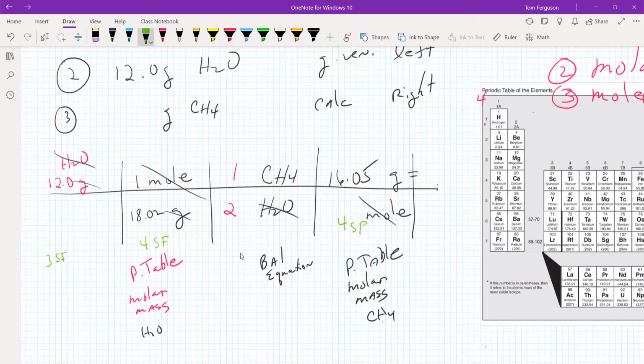How many sig figs are in the middle, you guys? It's one of two answers, one or infinity. Infinity? Why? It's kind of a tricky answer, because it's a perfect ratio. We didn't measure it.